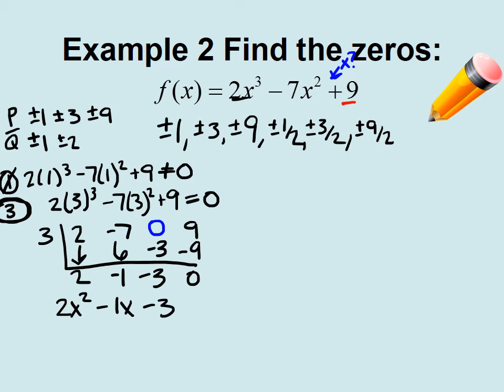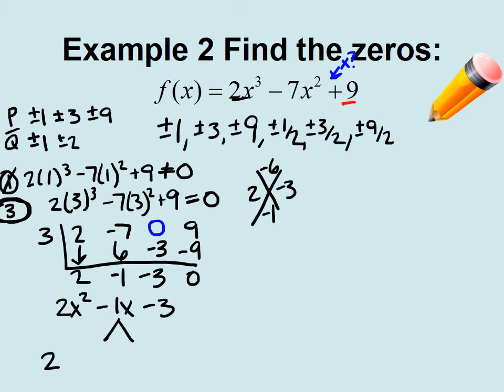I now have 3 terms that should work using the AC method. First times last, or A times C, is -6. My middle term is -1. Factors that multiply to get -6 but add to get -1 are 2 and -3.